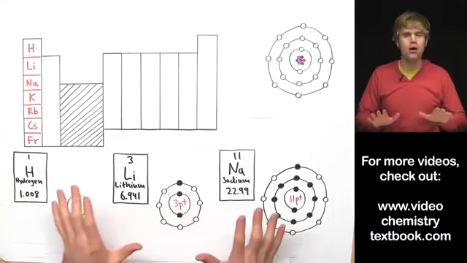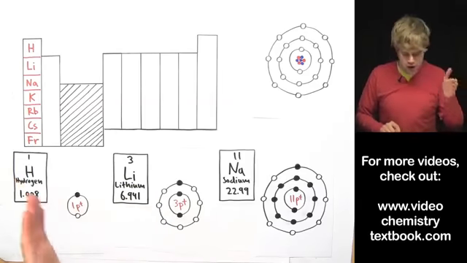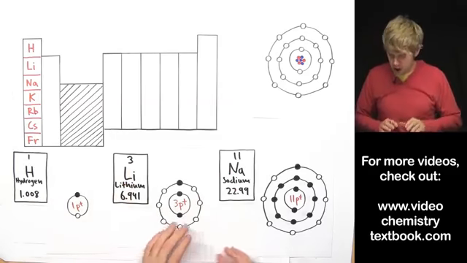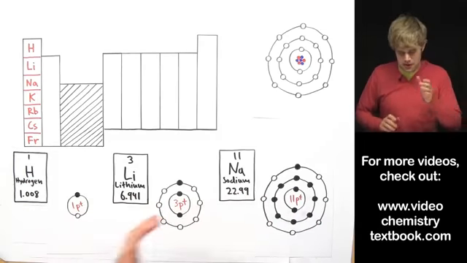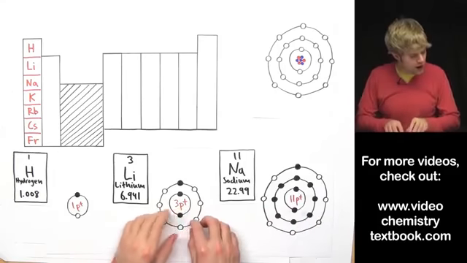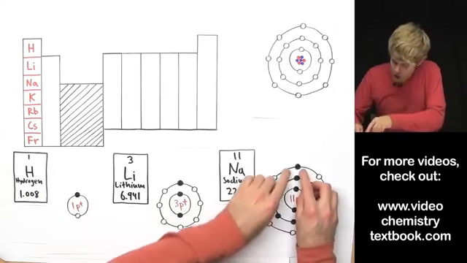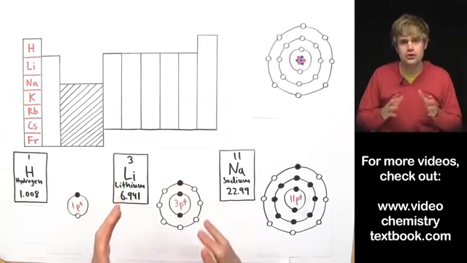Now check this out, because this is important. Hydrogen, lithium, and sodium all have different numbers of electrons, but there's a pattern here. Each one of these atoms has 1 electron in the outermost shell.